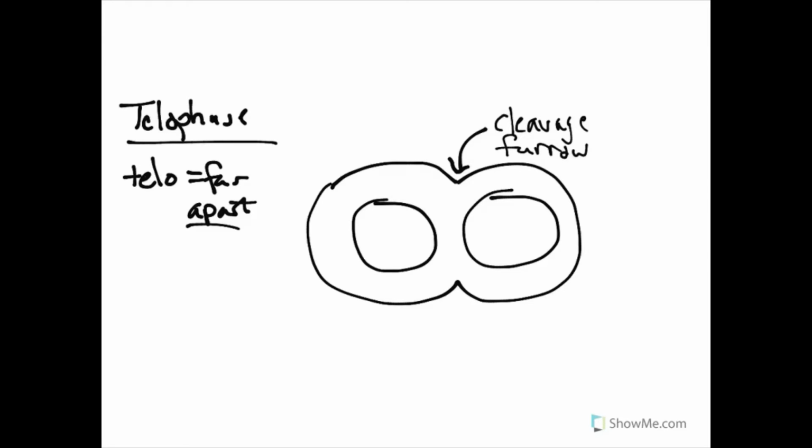Cleavage means it's cleaving in half. It's beginning to pinch the cell in half using these contractile rings of proteins. And because we have a chromatid each inside this, we now have the nucleus reforming.